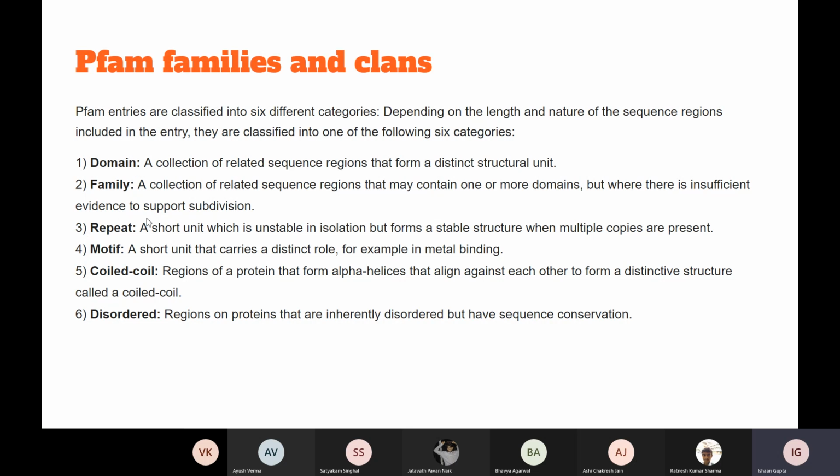And then you can have features like repeats, motifs, coiled-coil domains, and disordered regions. The main idea that is unique to all of these features is that these are conserved across different species.